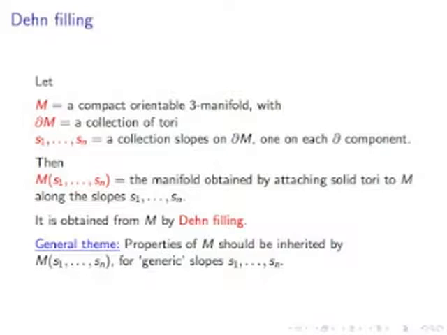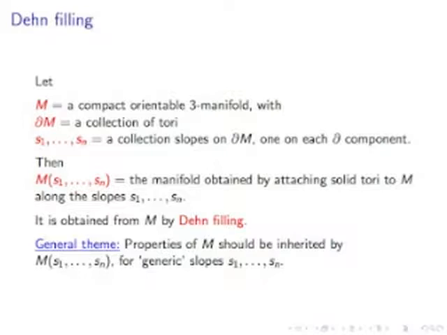You pick a collection of slopes S1 up to Sn on the boundary, one on each boundary component, and then you glue in solid tori onto those boundary components so that the meridians are attached onto these slopes. And the resulting manifold is called M(S1, ..., Sn), and it's obtained from M by Dehn filling.